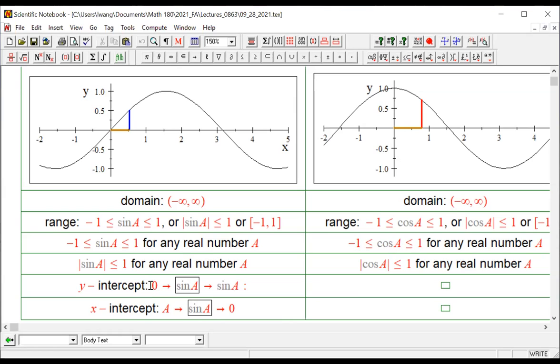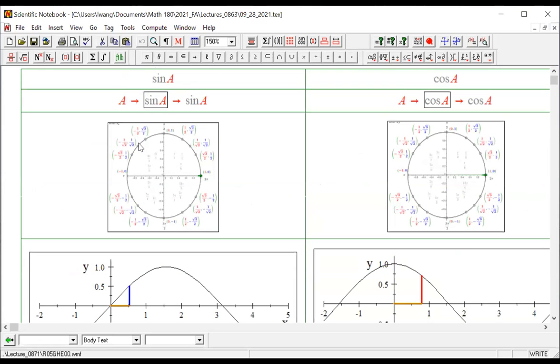So as a result, by definition of function, each input will have exactly one output. So for input 0, what is the output for sine? Obviously it's 0, right? You can observe this from the curve we graphed yesterday, and you can also observe this from the unit circle.